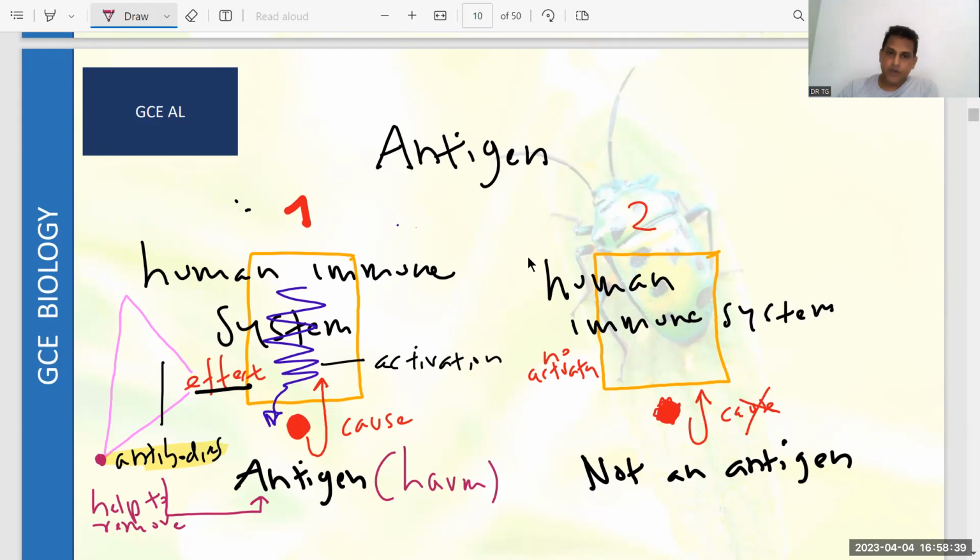Okay, the second one, we don't want to discuss anything because it is not harmful. For example, if we take a chemical into our body, this chemical is not part of our body.